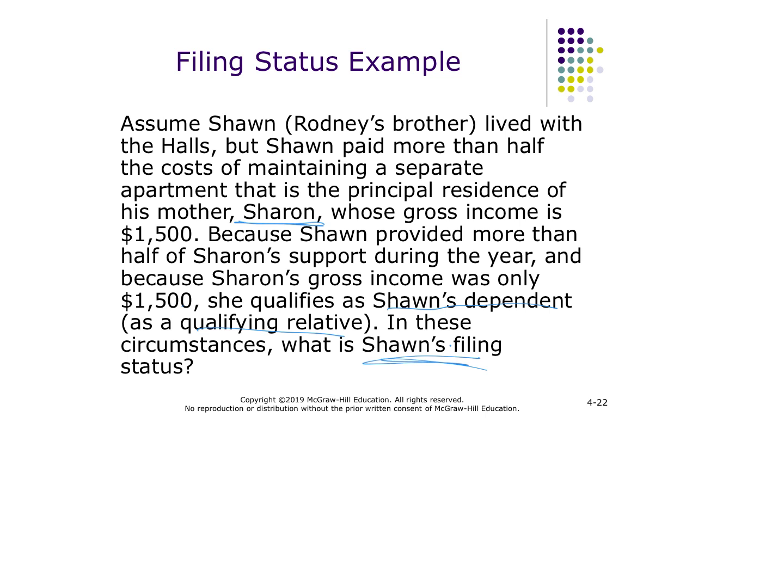Okay, so Sharon is living separately, okay, from Sean. Sharon is Sean's mother. He provides more than half of the support. Her gross income is only $1,500, so less than the personal exemption amount. What is his filing status? Well, Sean can file head of household, all right?